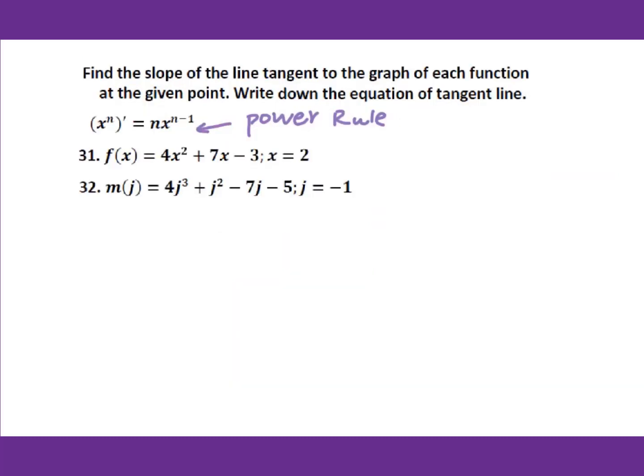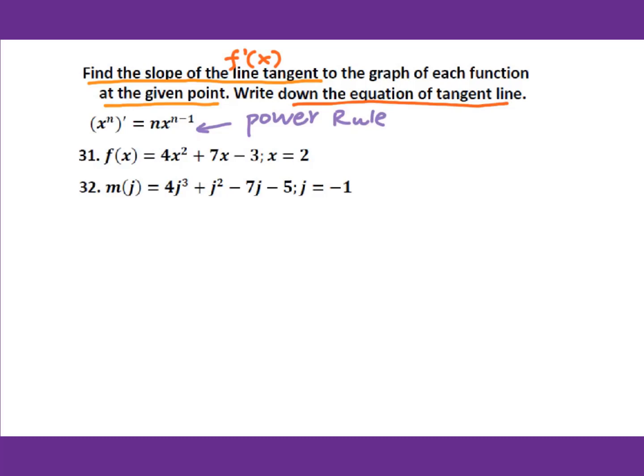Look at the example. Find the slope of the line tangent to the graph of each function at a given point. Write down the equation of the tangent line. When we talk about the slope of a tangent line, that means a derivative. So we've got to figure out the derivative.